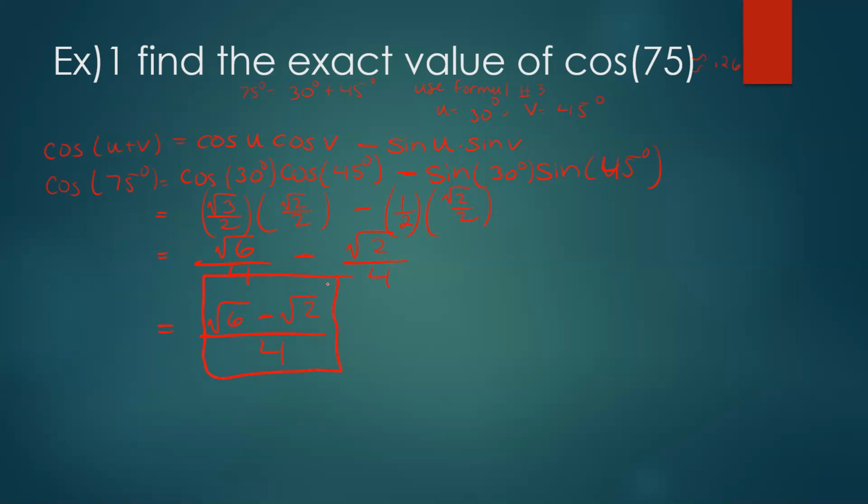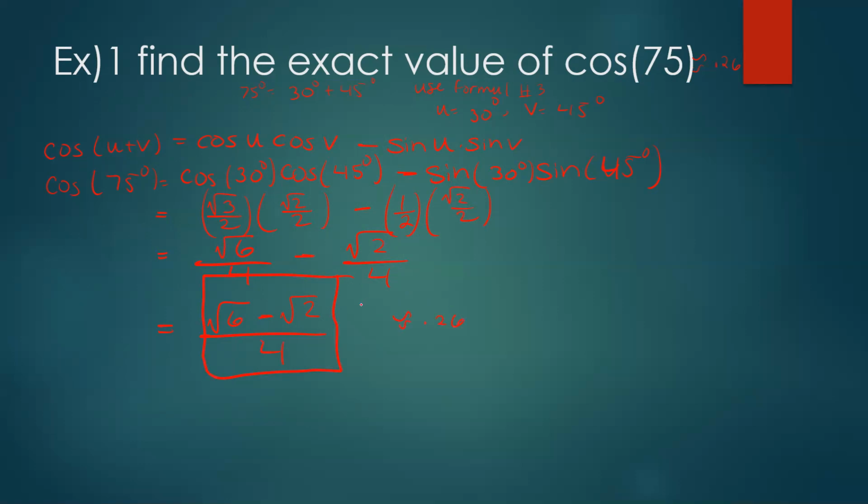And you're probably thinking, wait a minute, why doesn't this equal 0.26? It actually does. If you put these numbers in a calculator, radical 6 minus radical 2, all over 4, you get 0.26.